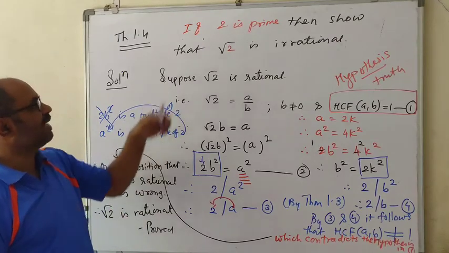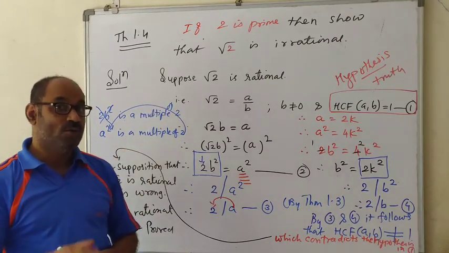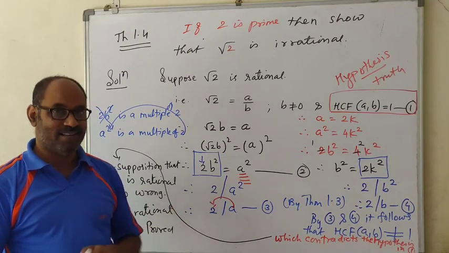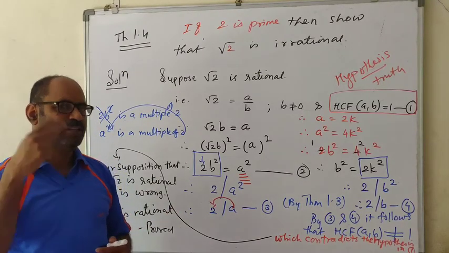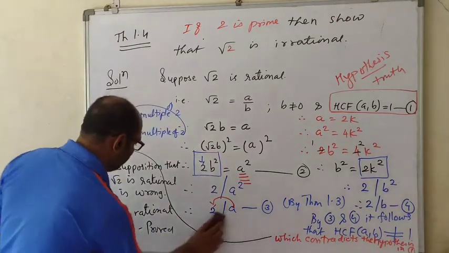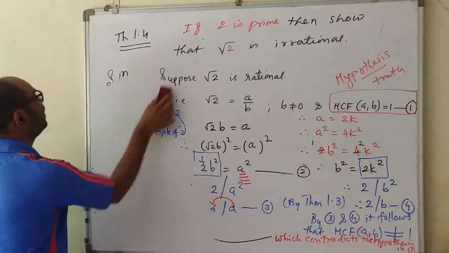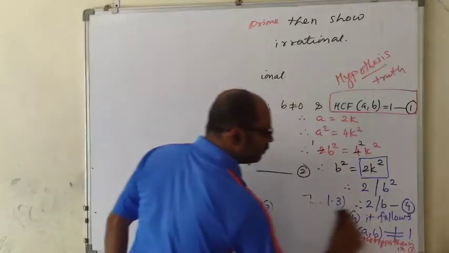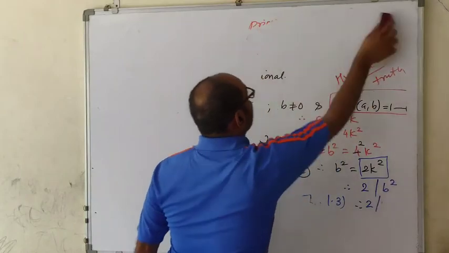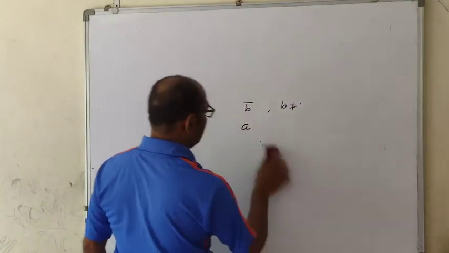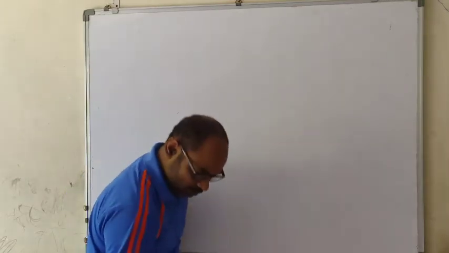But if I give you the next statement to prove, you won't be able to write because you need a lot of practice. So we'll see two more sums here. Please pay attention. Number 2.